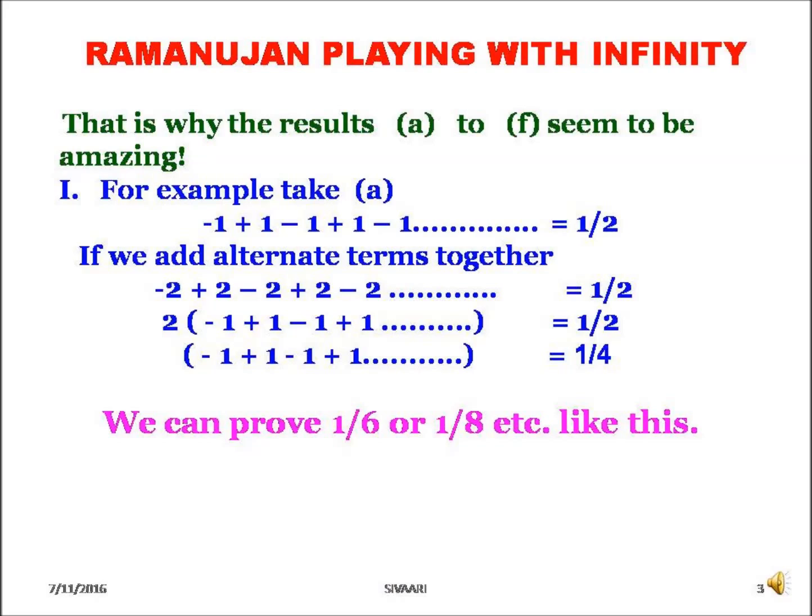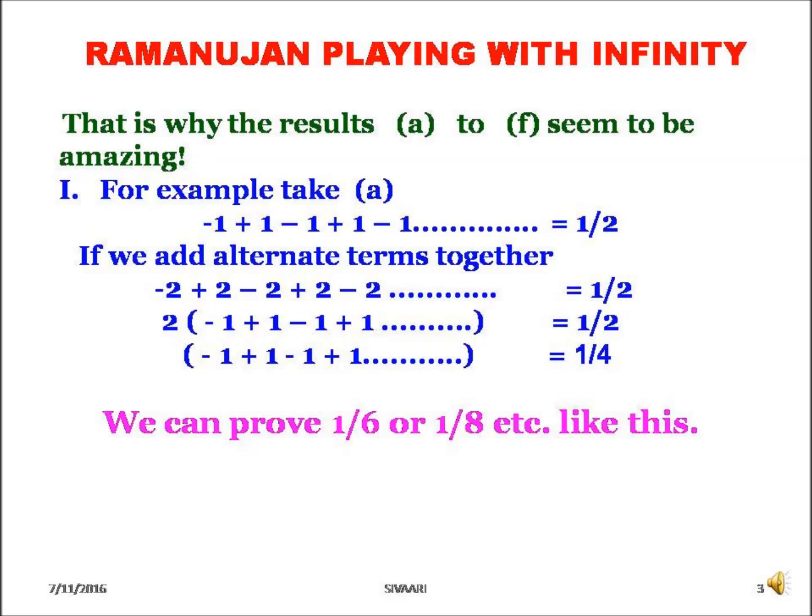For example, take A, minus 1 plus 1 minus 1 plus 1 minus 1 etc. is equal to 1 by 2. If we add alternate terms together, we get minus 1 minus 1 minus 2 plus 1 plus 1 plus 2 etc., minus 2 plus 2 minus 2 etc. is equal to 1 by 2.